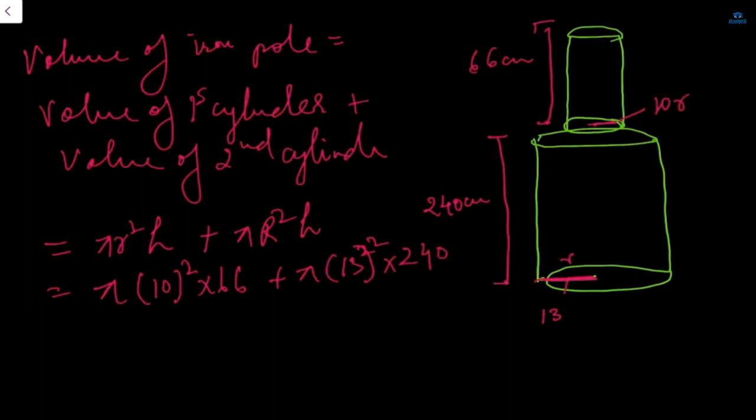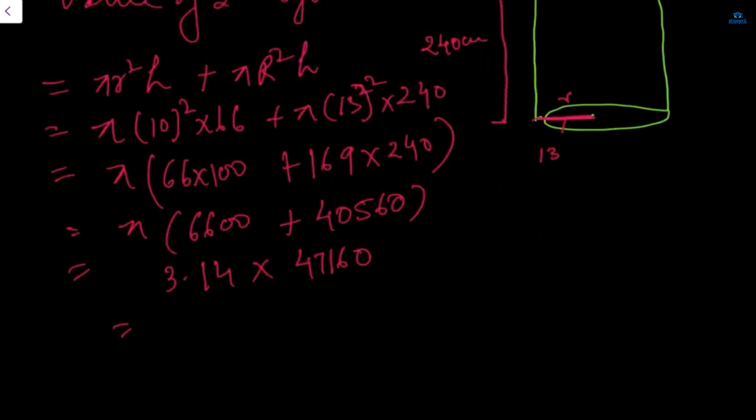Pi you can take as common. 10 into 10 will be 100, plus 13 square. This comes to 148,082.4. This is in centimeter cube. This is the volume only.